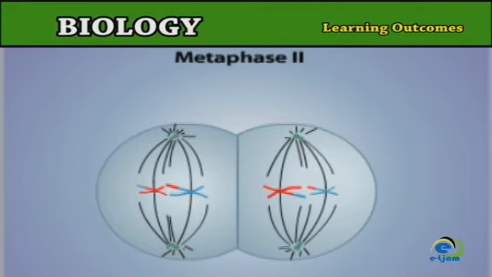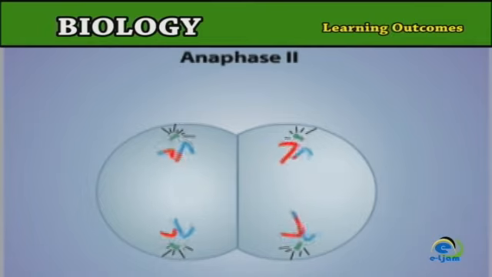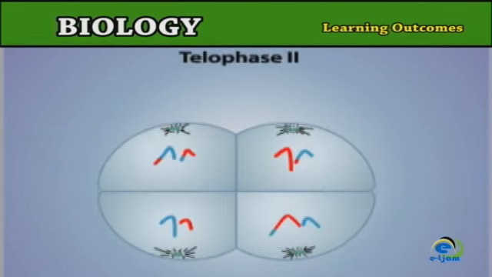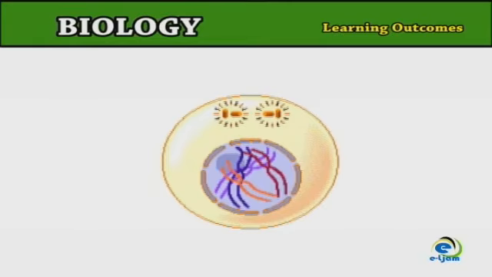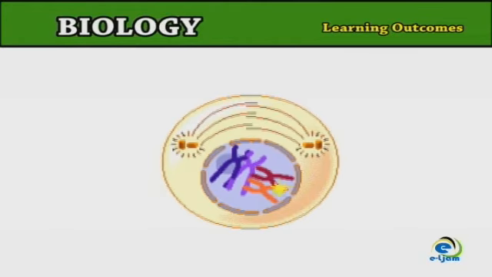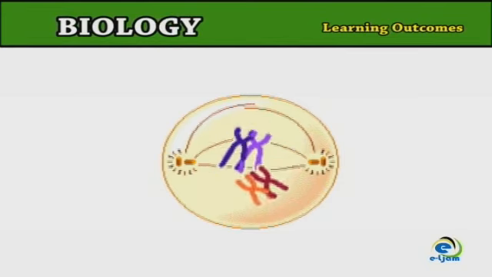B. The formation of 4 genetically unidentical cells, telophase 2. And C. Sexual reproduction, which results in unique offspring since unique haploid gametes are fused.